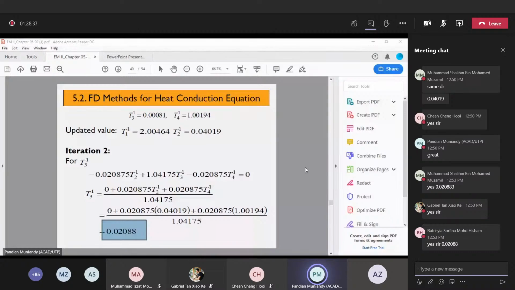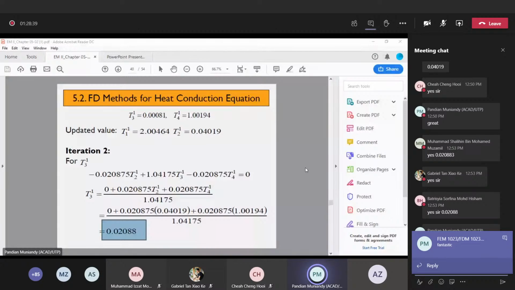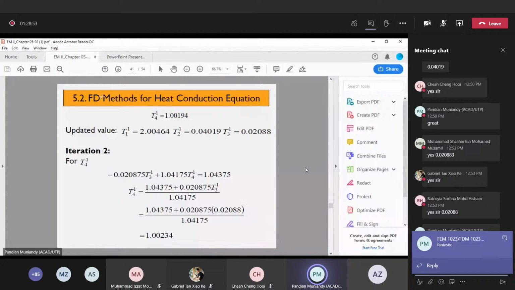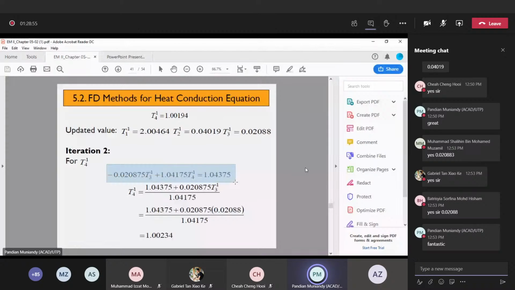Okay, great. All right. So you already have T3, not yet finished. We have to move on to T4. So T4 from equation number 4. This equation don't change. This is the fourth row. So T4 is here.